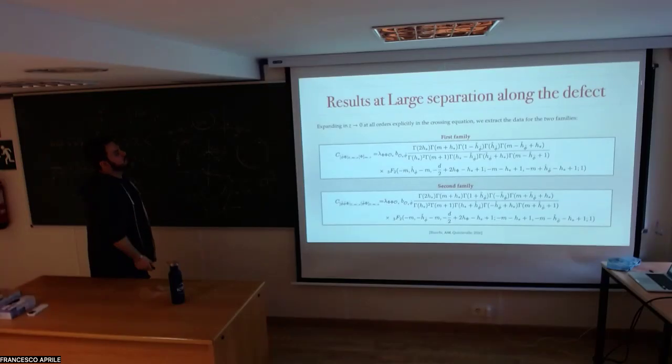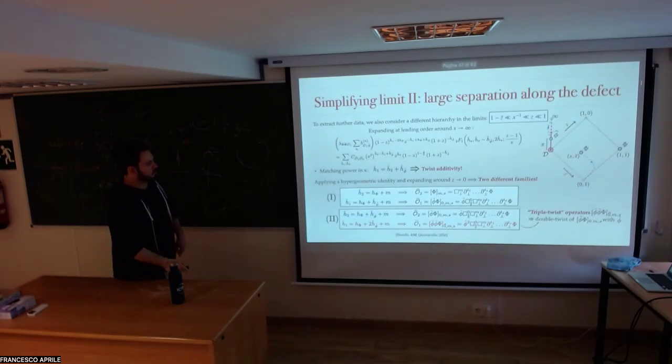Anyway, inserting this information back in the crossing equation and expanding in the defect-light limits at all the orders, we were able to extract the data for both families. And let me say another thing, moving forward, is that here the label M is associated now to parallel and orthogonal boxes, because we are looking at all the orders in the defect-light limit.